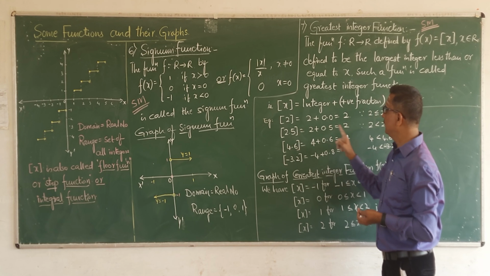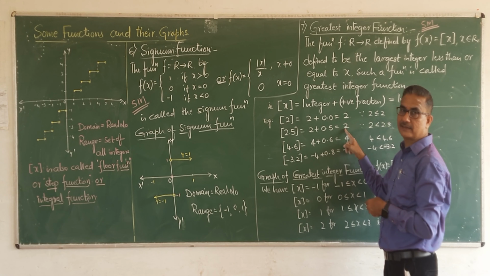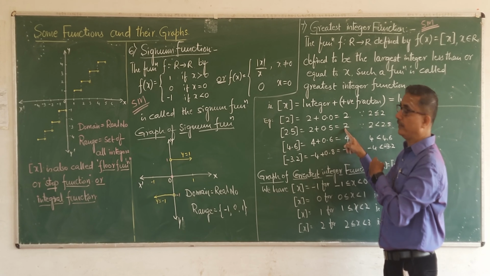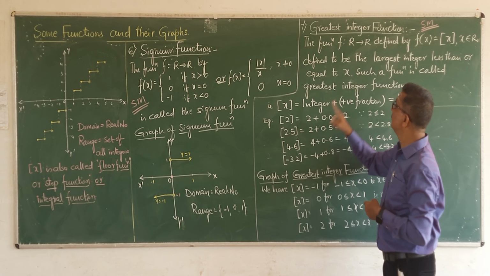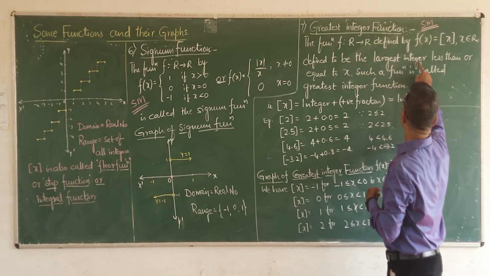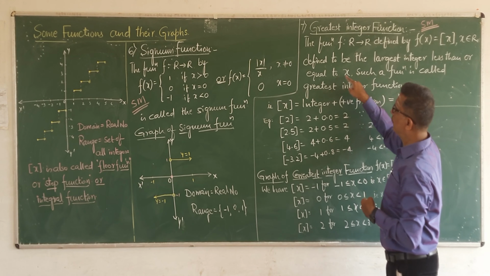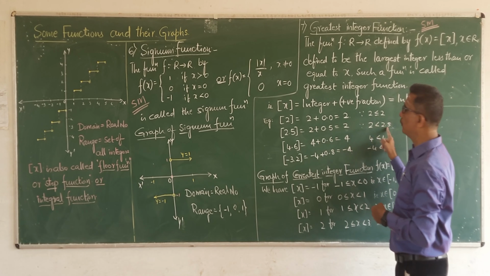This is the x value, and after simplification, this is the greatest integer function value. Clearly, that number is less than 2.5. The largest integer less than or equal to x, what is it? That integer is less than 2.5. Clearly, 2 is less than 2.5.